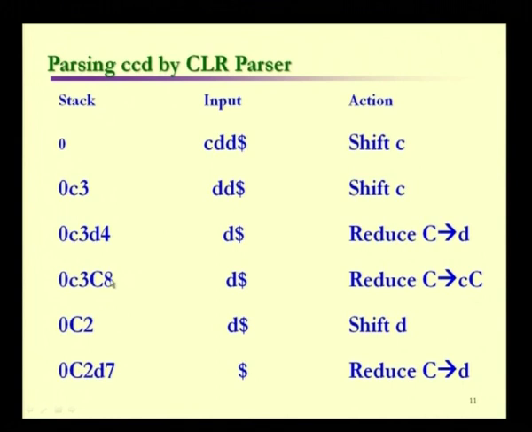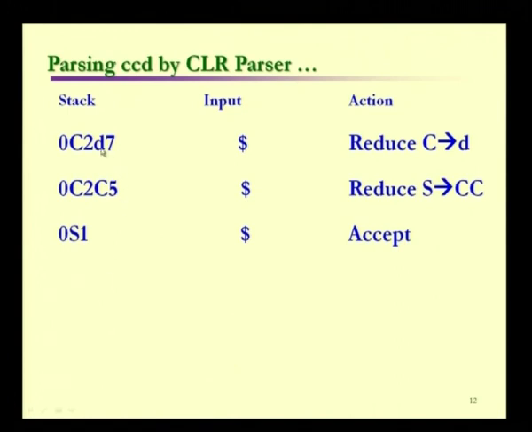If you continue like this, we will have 0 C 3 D 7, reduce once again by C derives D. It will give you 0 C 2 C 5, and now it is 5 comma dollar. The action is going to be a reduce by C derives CC. Now there are 2 symbols on the right hand side.